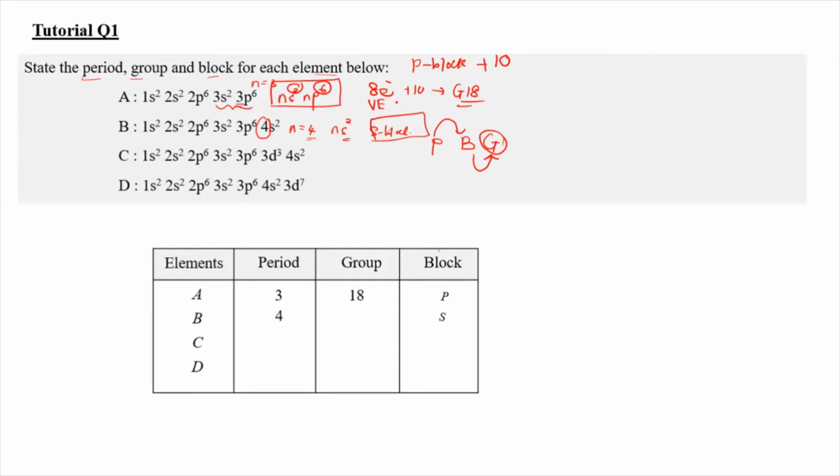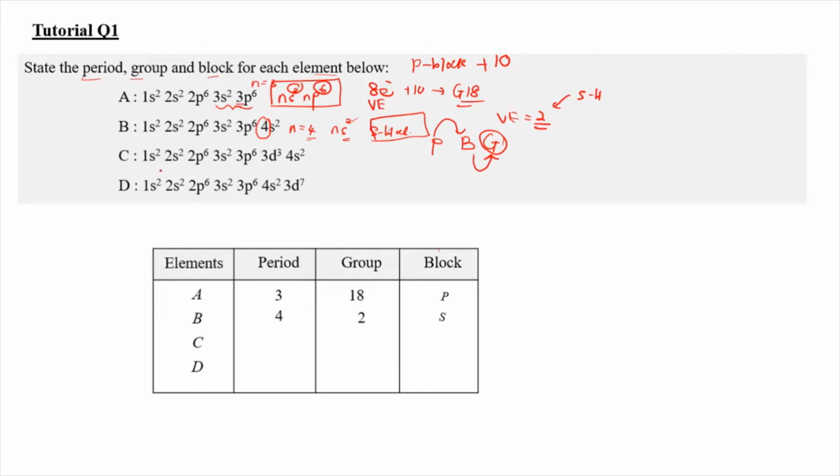To determine the group, we need the valence electrons, which in this case is 2. Since this is in the s block, we don't have to add 10, so we can directly say that it is in group 2.